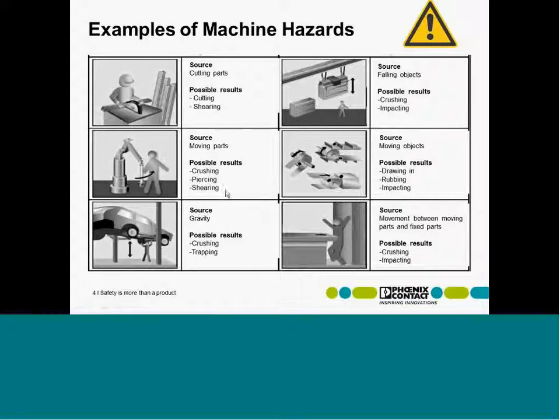Also moving and rotating parts, for example caused by robot systems. Moving objects, conveyor systems, typically involve drawing in or rubbing or impacting. We sometimes have to deal with gravity. Think about lifting platforms for vehicles, for cars, and so on. These are just some examples of typical machine hazards. Of course, there are many more, like electricity, noise, shock and vibration, and lots of other things.